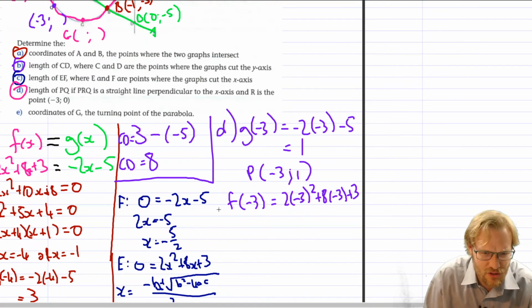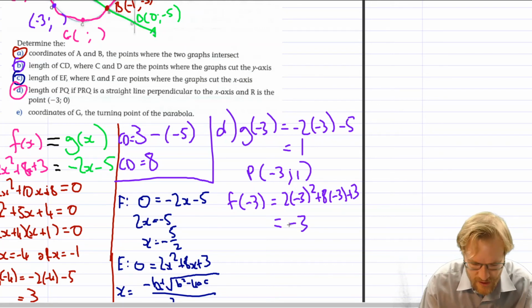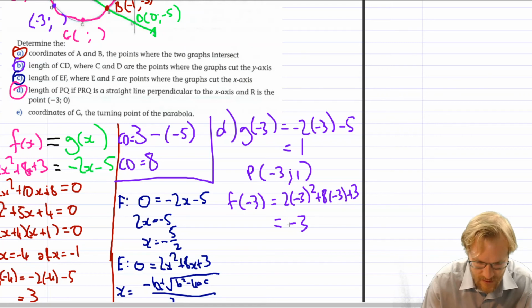And yes, please just show this step so we can see what you're trying to work out. 18, minus 24, plus 3, minus 3. Let's just check that. 2 times minus 3 squared plus 8 times minus 3 plus 3 is minus 3.